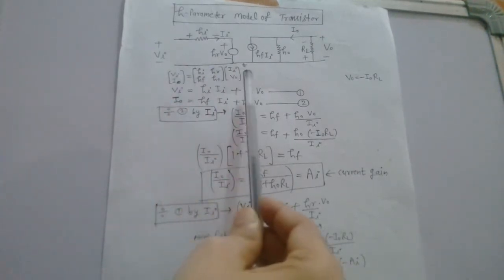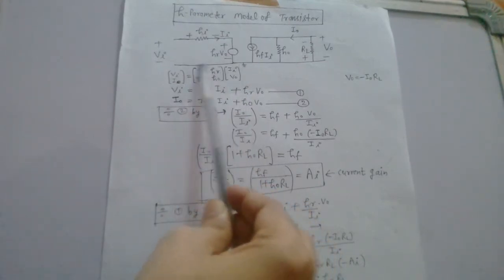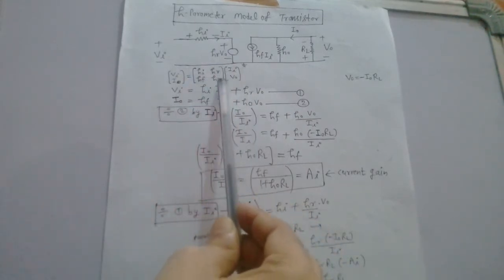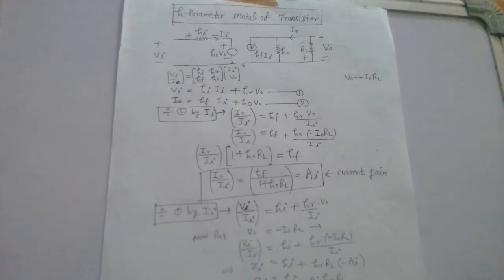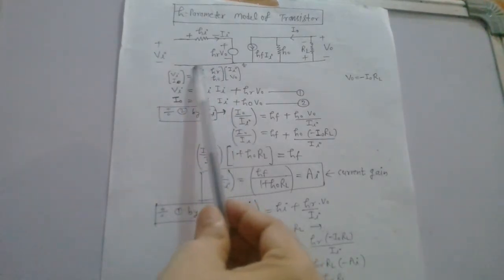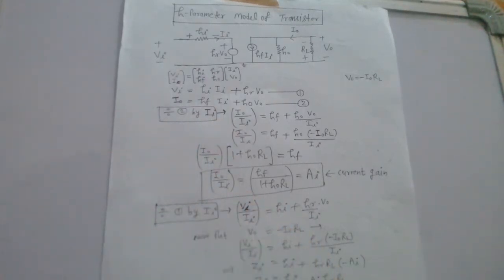These two are related with input current Ii and output voltage Vo by the H parameters like this. So hi, hr, hf, ho are basically the H parameters, right? These H parameters will be given to you in the numericals: hi, hr, hf, ho, right?